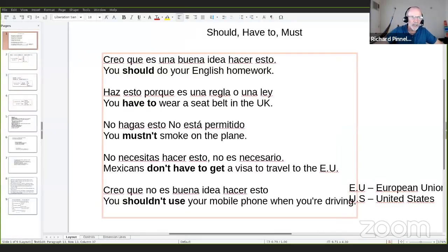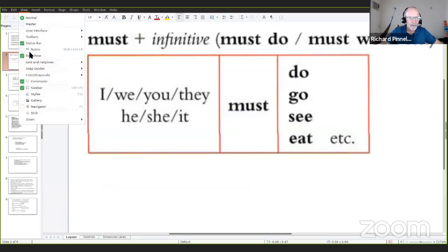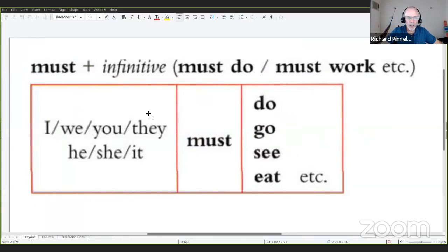¿Cómo es la estructura de esos? Vamos a ver. Primero tenemos must. Todos esos verbos auxiliares, primera cosa, no cambian para la persona. Es el mismo con I, we, you, they, he, she, and it. Después necesitamos el verbo auxiliar. Después el verbo principal en su forma base. Por ejemplo, we must go to Mexico.